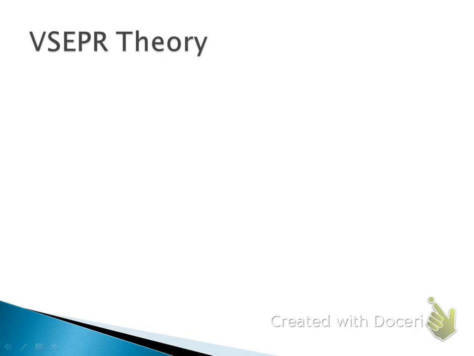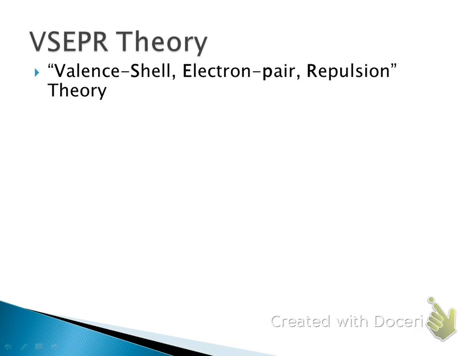All right, so this VSEPR theory stands for Valence-Shell Electron-Pair Repulsion theory. Okay, that's an important acronym that you need to have in your notes. You'll need to know what this acronym stands for: Valence-Shell Electron-Pair Repulsion theory.